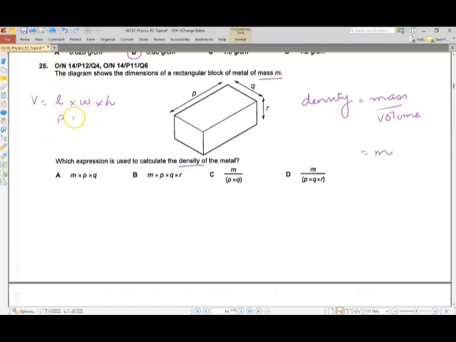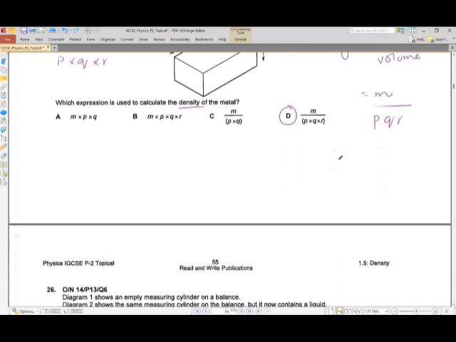So that is P into Q into R. So we will have to find the density by this expression. So here it is, option D. So D is the correct answer.